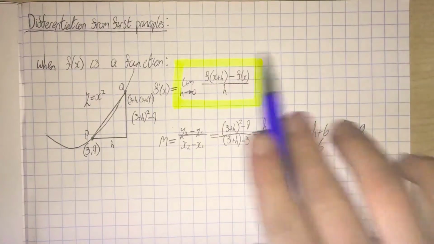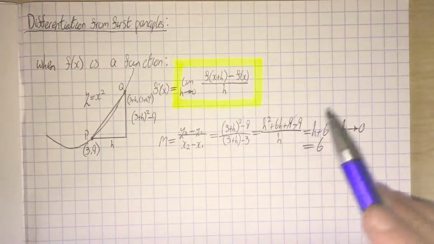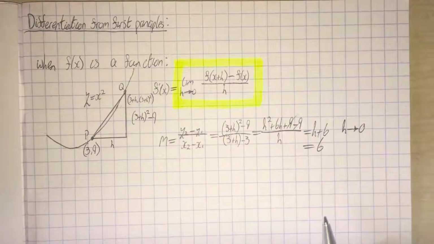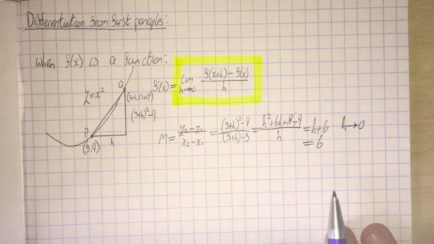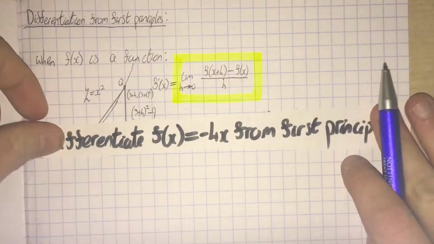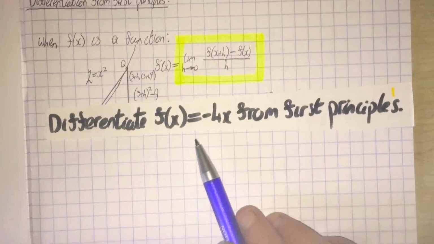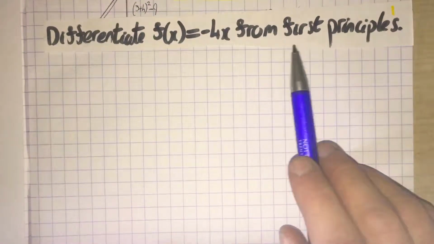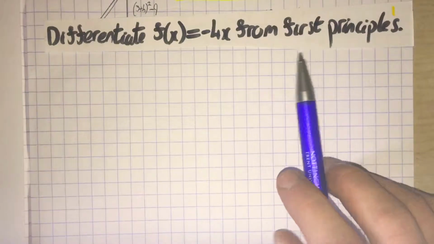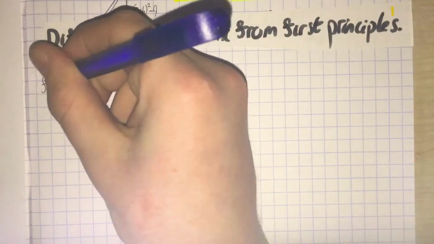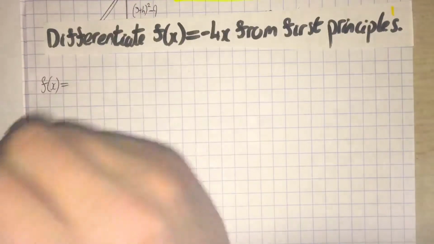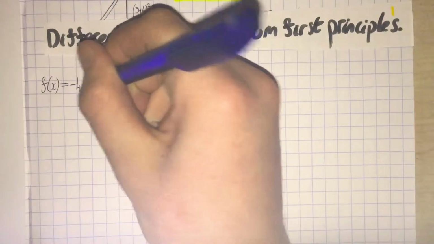So we can use differentiation from first principles in such a similar manner. Now, our first question will be to differentiate f of x equals minus 4x from first principles. First, we shall write down f of x is equal to minus 4x.